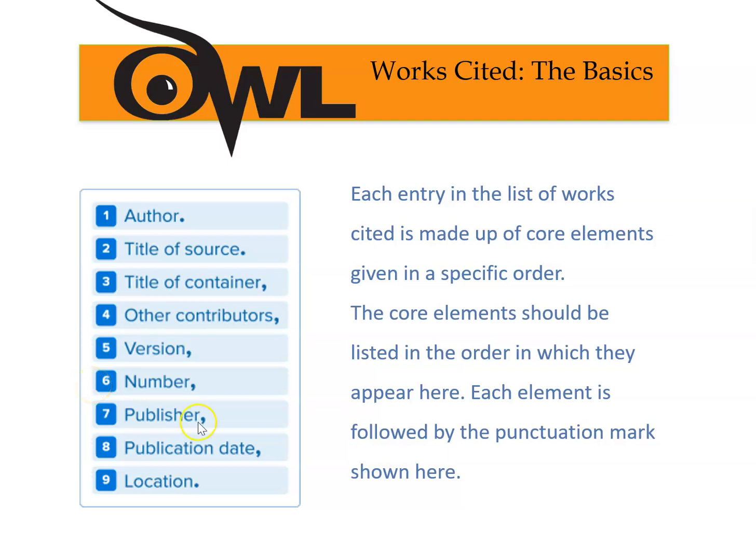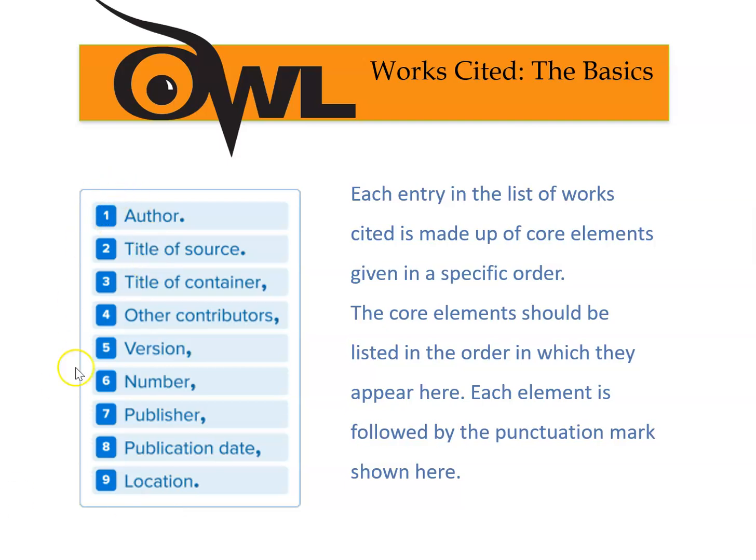If there's a publisher name, you can include that as well. Date of publication, and the location here just refers to either the URL or the DOI if that's available. So it's that specific number tracking that source. And if you look at the location, it should be very easy to find just from looking at your reference.